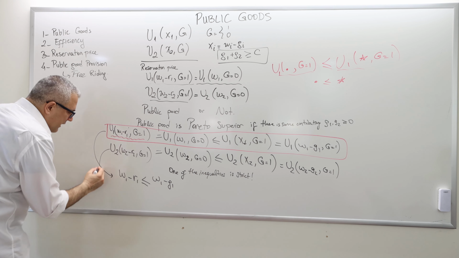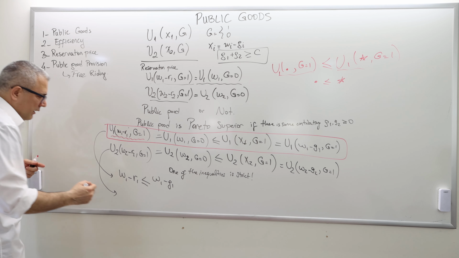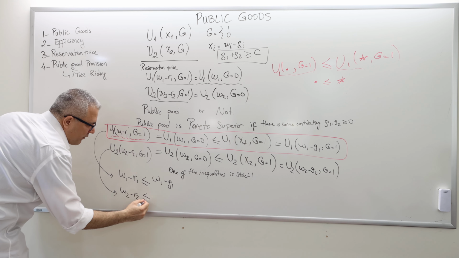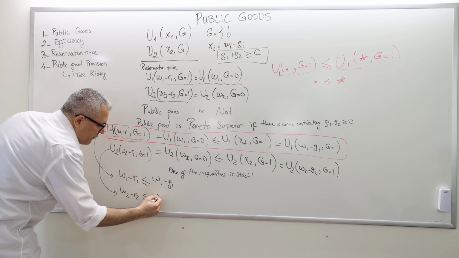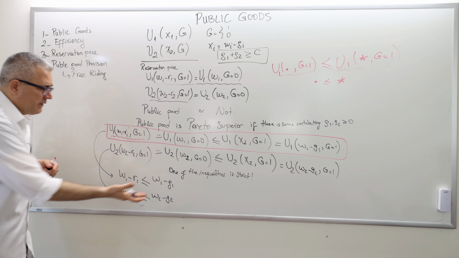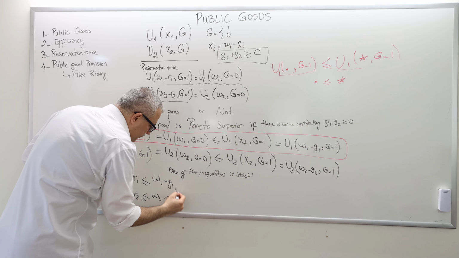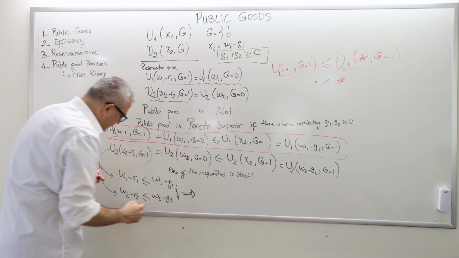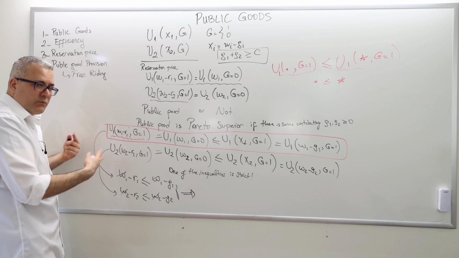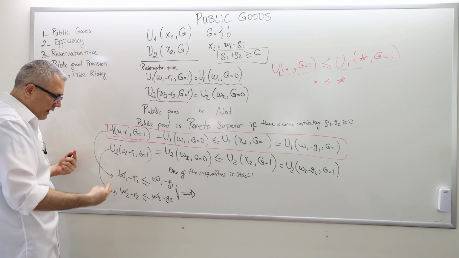From the second agent's inequality, I have W2 minus R2 less than or equal to W2 minus G2. Remember, one of those inequalities must be strict. From these two, the W1s cancel out and the W2s cancel out.